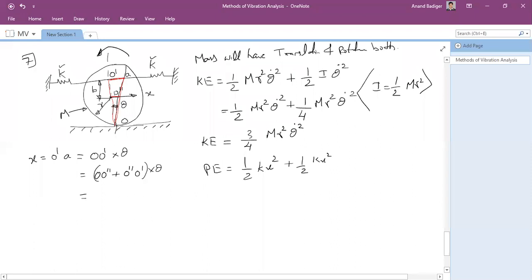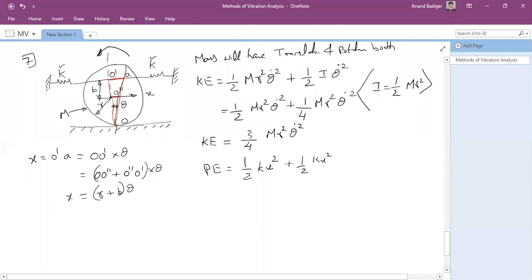O to O double dash is nothing but the radius of the circle r, because O double dash is in the center of this mass. So O to O double dash will become radius r. So r plus O double dash to O dash, that distance is given by b. In the question itself, it has been given that the distance is b. So it will become r plus b into theta.